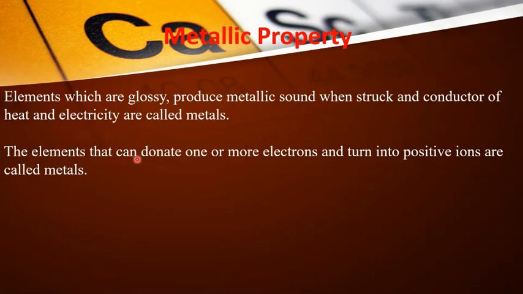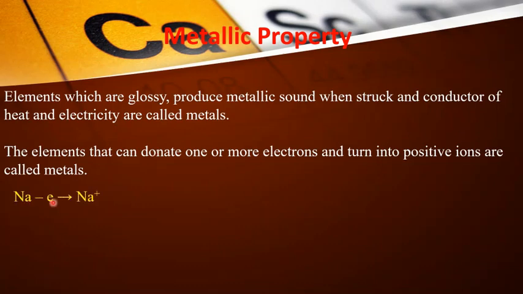This is the modern definition of metal. Metals have 1, 2 or 3 electrons on the outermost shell, so they can donate 1, 2 or 3 electrons and they turn into positively charged ions. This is the modern definition of metals.